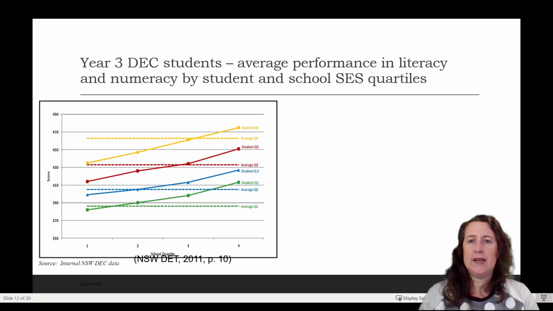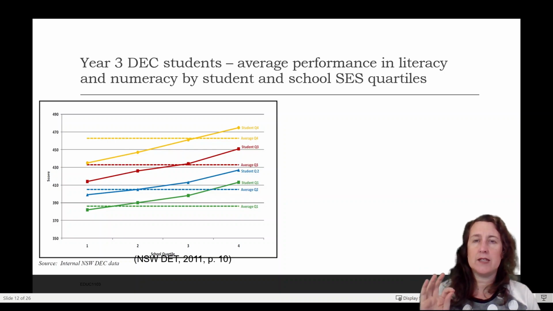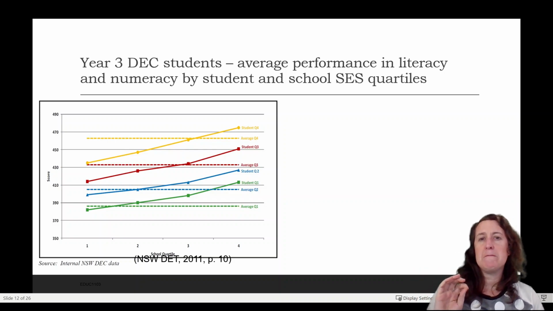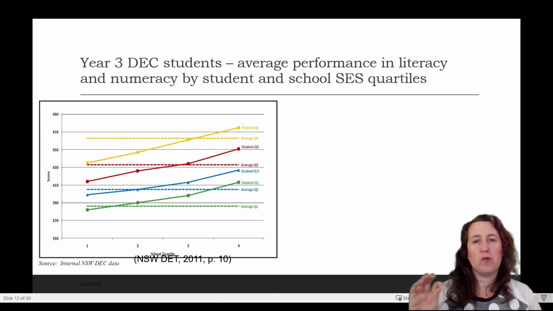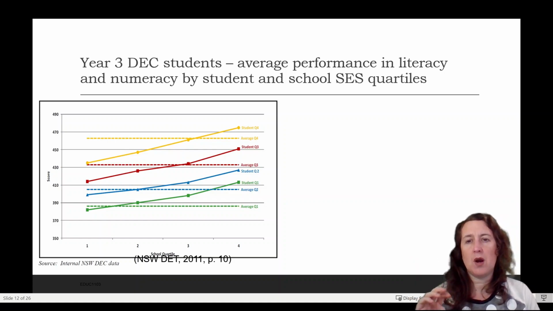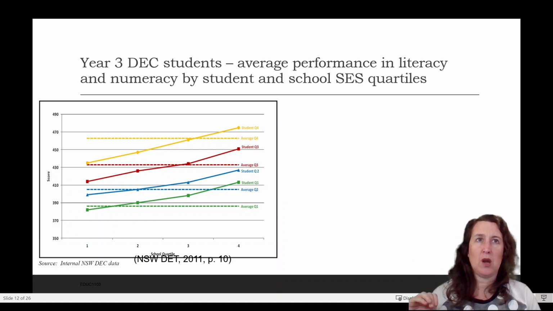Now, what we can see here is Year 3 NAPLAN results in the state schools in New South Wales, and we've divided the students up by their results by socioeconomic quartile.